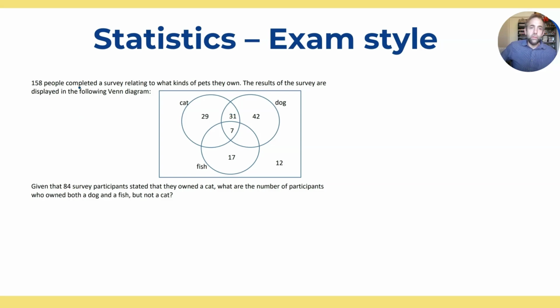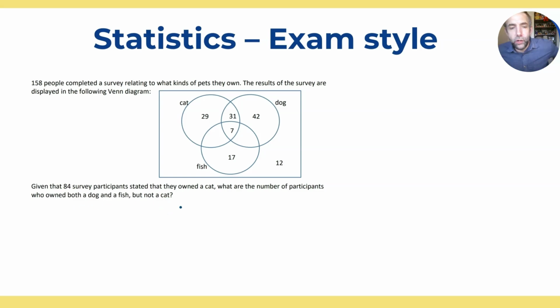But it says 158 people completed a survey relating to what pets they own. The information is given in a Venn diagram. And it says, given that 84 survey participants stated that they owned cats, what is the number of participants who owned both a dog and a fish, but not a cat?